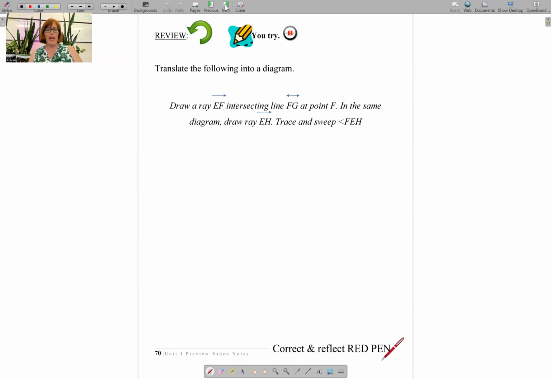All right, welcome back. You should have a drawing in front of you, and at the moment, you should have a red pen getting ready to correct. It says draw a ray EF intersecting FH at point F. So we have a ray, E is the end point, F, the arrow point.